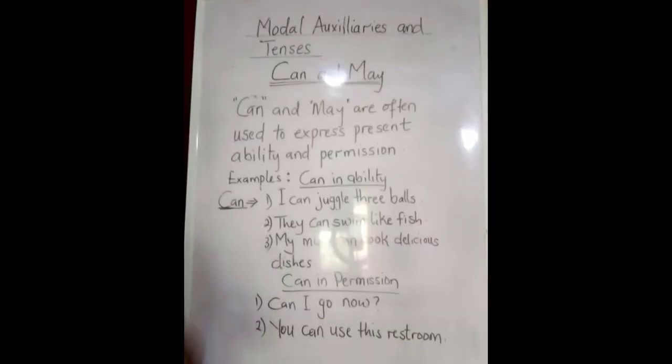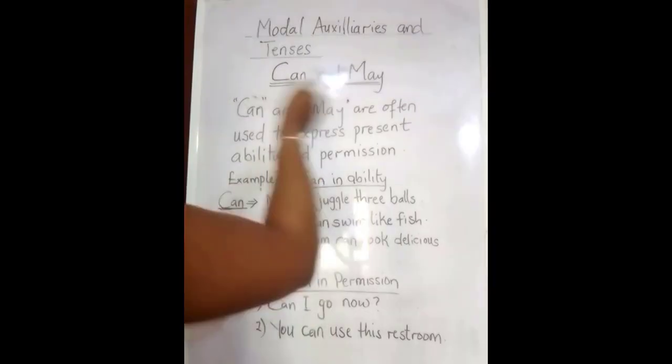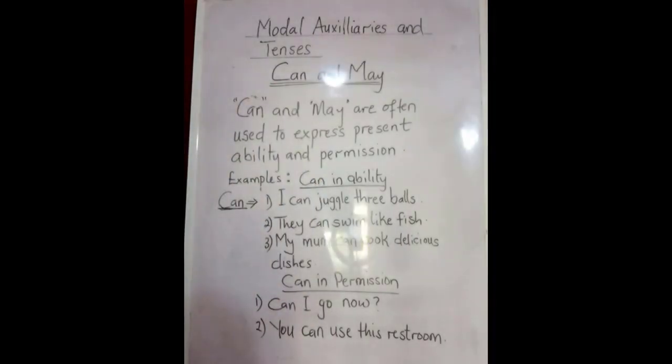So the first set of the modal auxiliaries we're going to look at is can and may. We are looking at can and may together because both of them are often used to express present ability and permission.